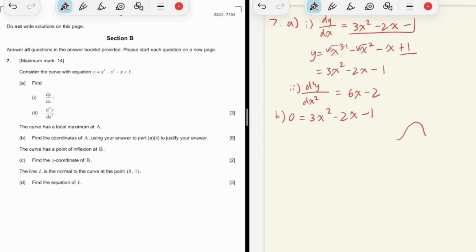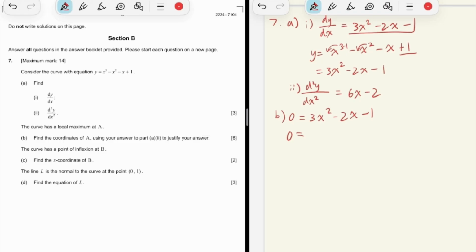This can be seen where it is just a flat line, and so thus the slope is just 0. We would simplify this function to get 3x plus 1 and x minus 1. So that would mean that the roots are x equals negative 1 over 3 and x equals 1.